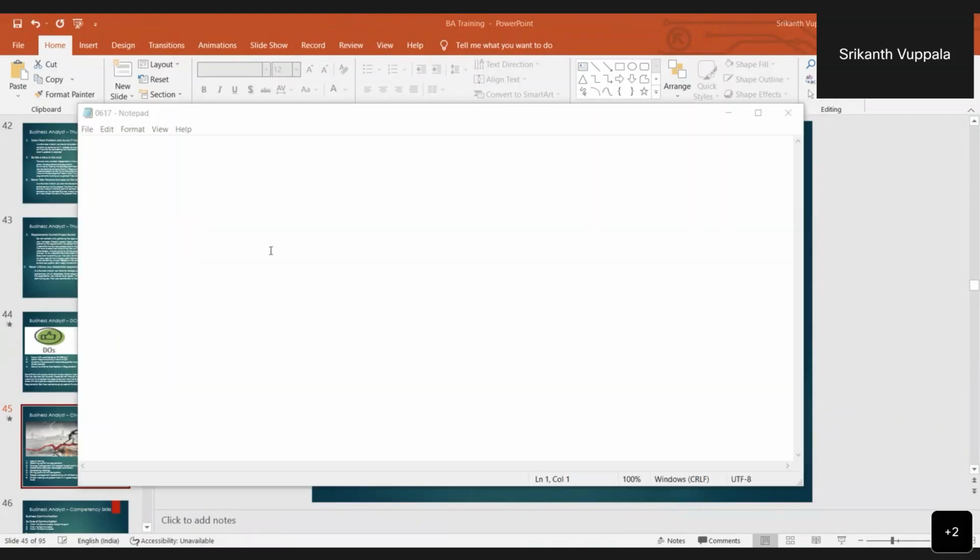So the main difference between scope creep and change request is, scope creep is when the client is pushing additional requirements in between the development. It is not related to any particular functionality.